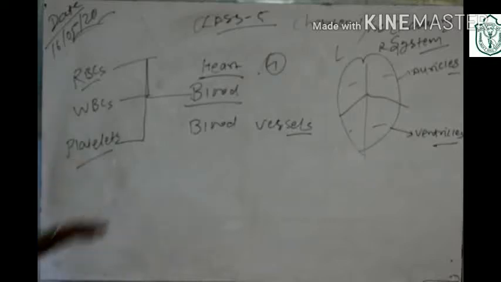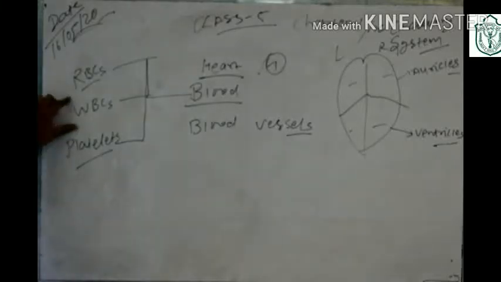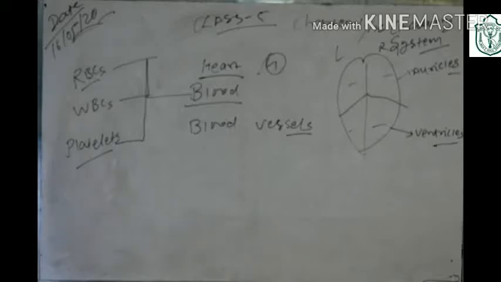The function of the platelets is to clot the blood, internal or external. What is the work of the WBC? The work of the WBC is to help us not to get infected by germs, and it increases our immune system.